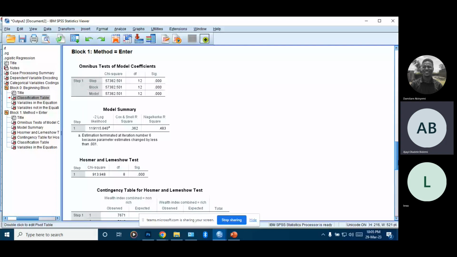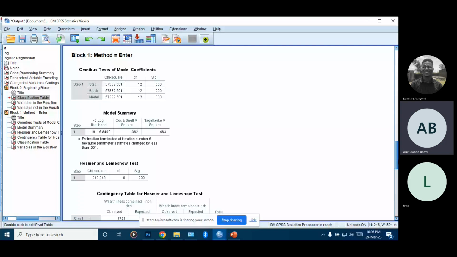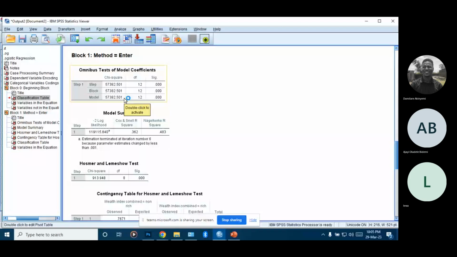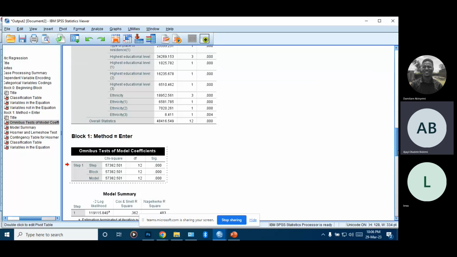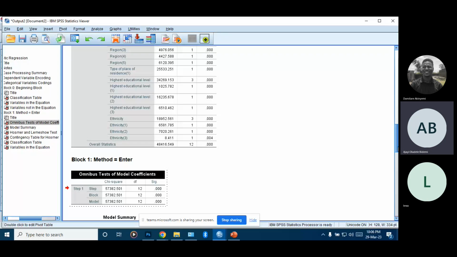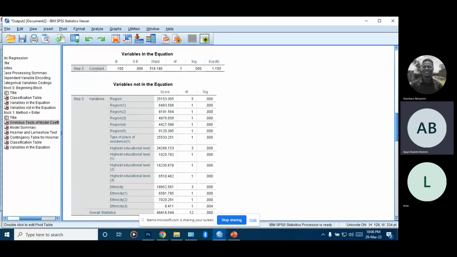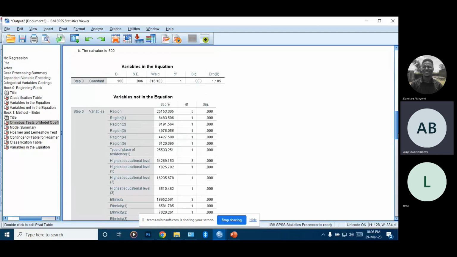Now let's move to the omnibus test of model coefficients. It is significant if the p-value is less than alpha. What this omnibus test does is test for model adequacy. It compares the model that we fitted, that has all the variables in the equation, to when there was no variable in the equation.